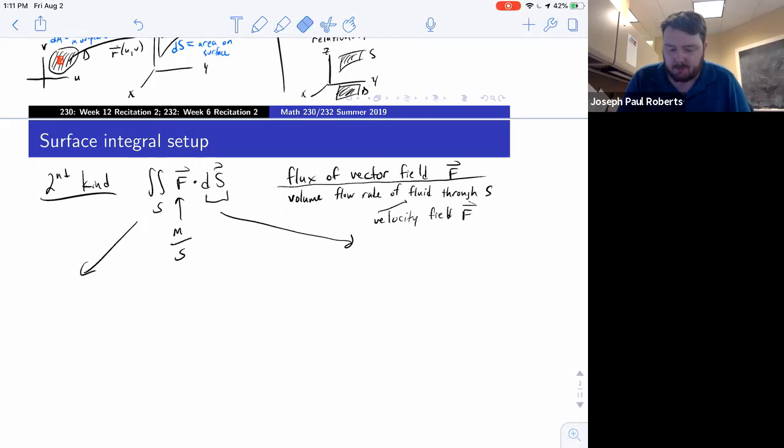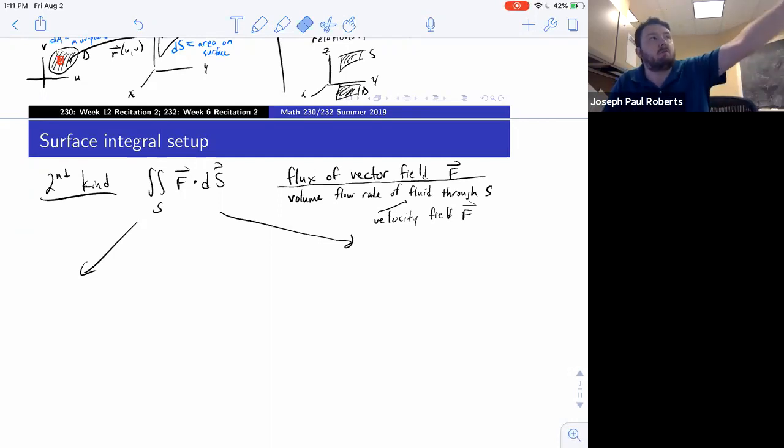So for example, let's say I had the window in my office open and it was a really windy day. The flux of air through the window would tell me how many cubic meters of air per second are blowing in from the outside. So let's say there's 2 cubic meters per second coming in, that's the same as -2 cubic meters per second going out.